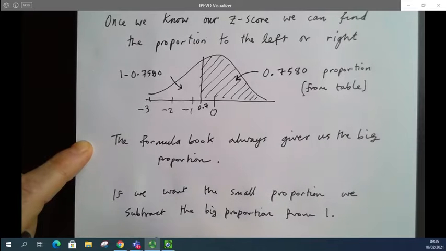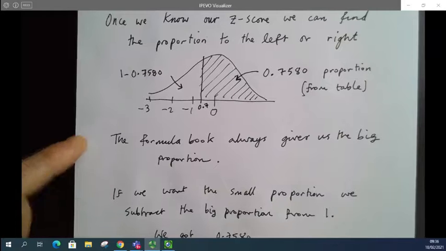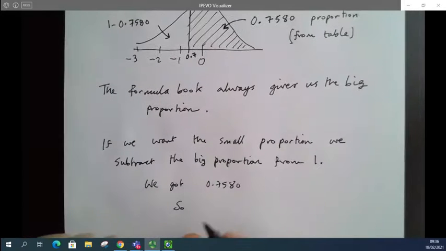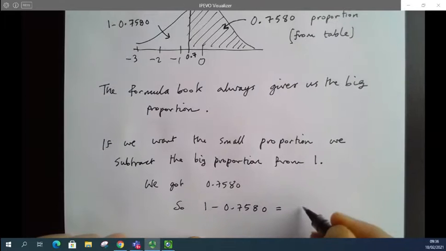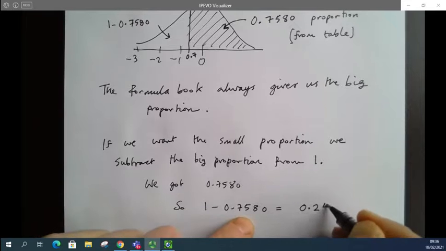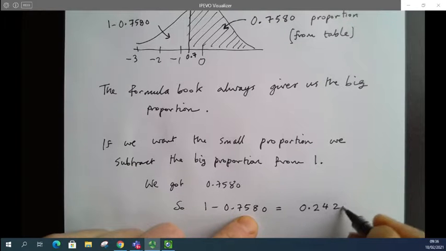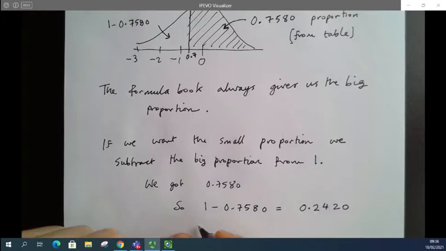So that's what we got, 0.7580. So 1 minus 0.7580, which I'm going to try and do in my head, so that's 0.2420. That's our answer.